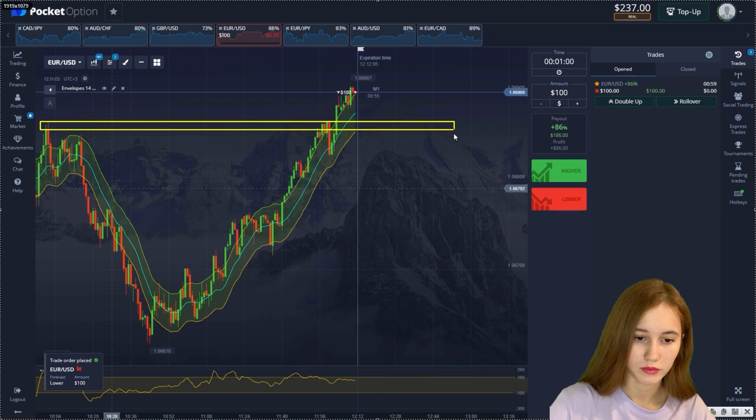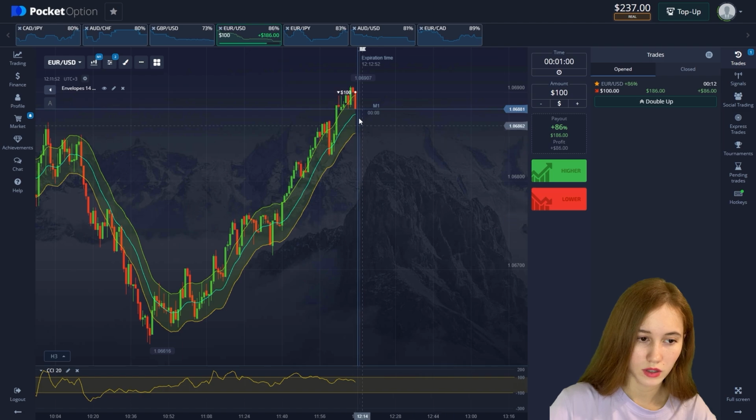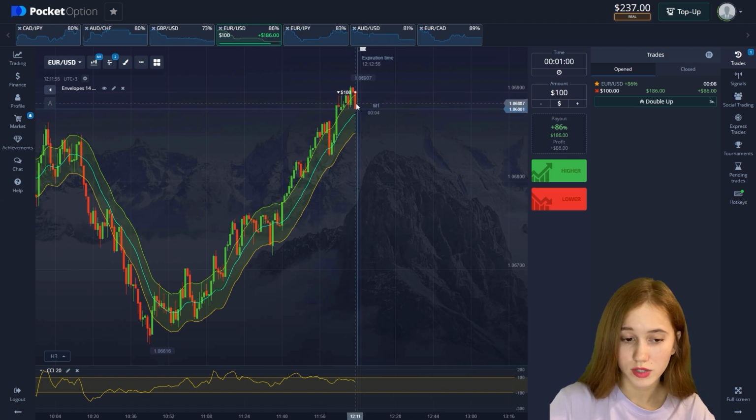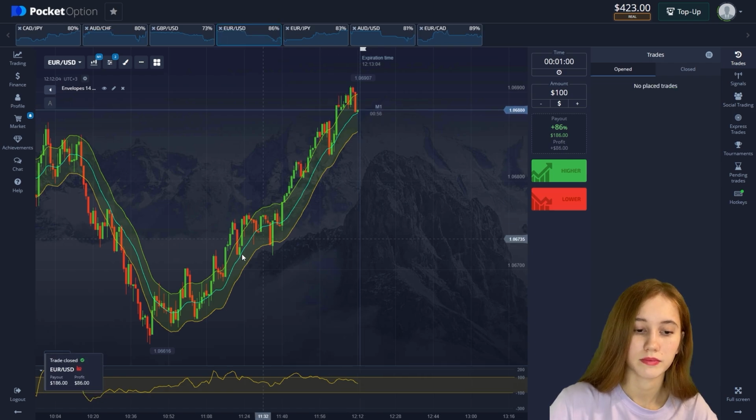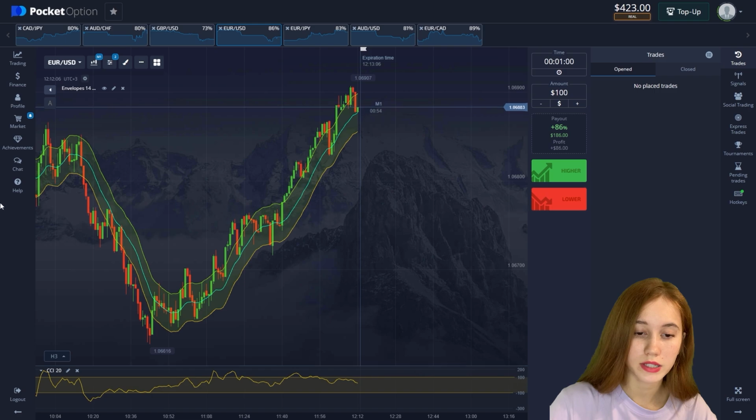So, support area we see. Let's see. Draw down on our chart. Some consolidation. 4 seconds left until the end. Plus TL. Profit is $86. Let's move on.